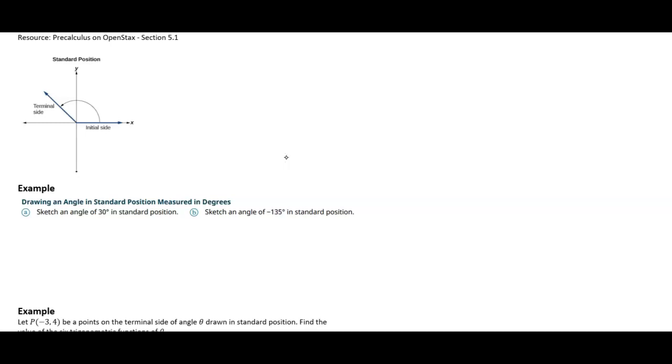So if I just want to review, if I have an initial side right here, and then an angle of 30, you would just open to 30 degrees right here. Remember, negative angles go in the opposite way, so our initial side lies here on the positive x-axis.